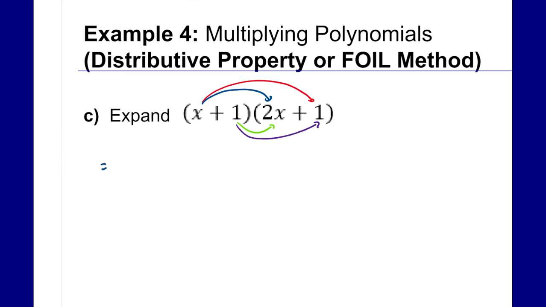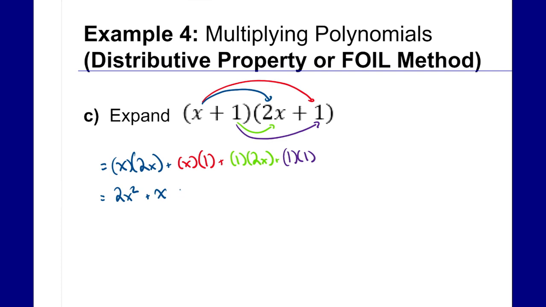So if I expand this, I'm going to have x times 2x plus x times 1 plus 1 times 2x plus 1 times 1. When I expand this, x times 2x is 2x squared, x times 1 is just x, 1 times 2x is plus 2x, and 1 times 1 is plus 1.